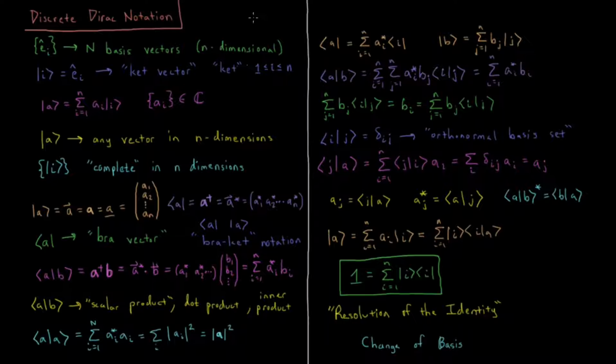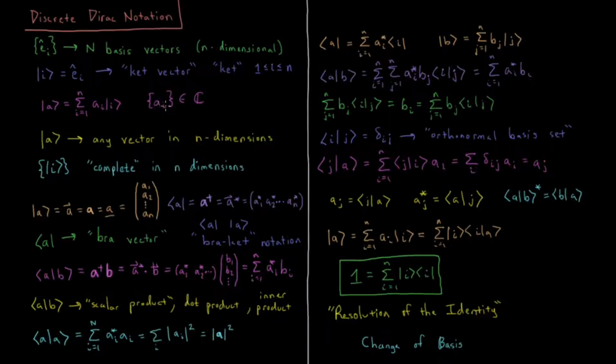basis vectors. So if our basis vectors are represented by these little ket vectors here, we can represent any vector in that many dimensions as vector A, also represented as a ket vector, as the sum from i equals 1 over all the dimensions of the magnitude in that dimension, A_i, times basis vector i.